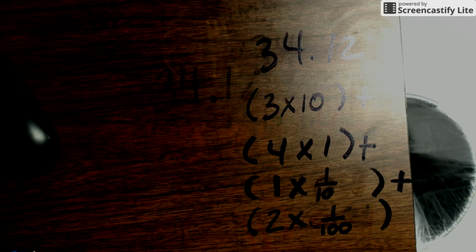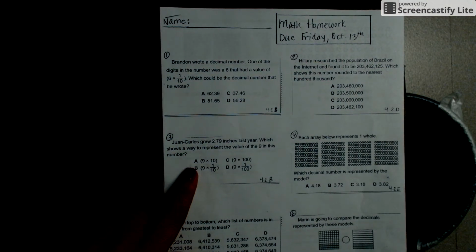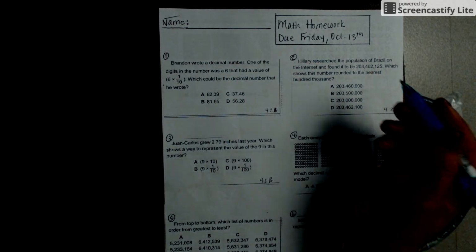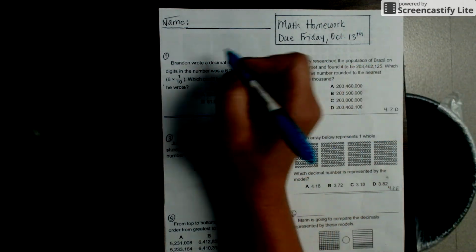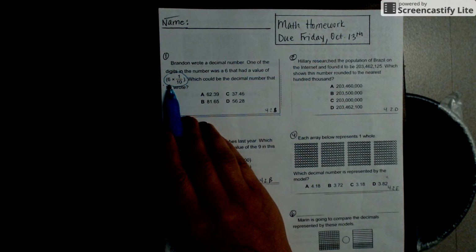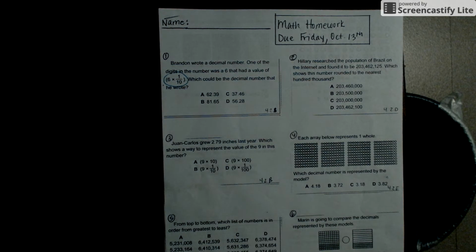Okay? So when you are doing your problems on numbers 1 and 3, I notice that in the first problem, it's asking you to pick a number where there is a 6 in the tenths place.